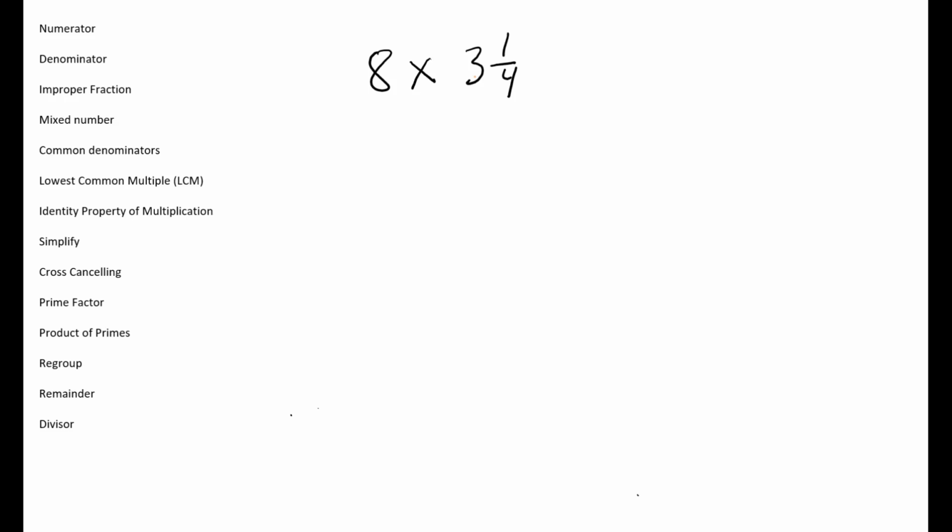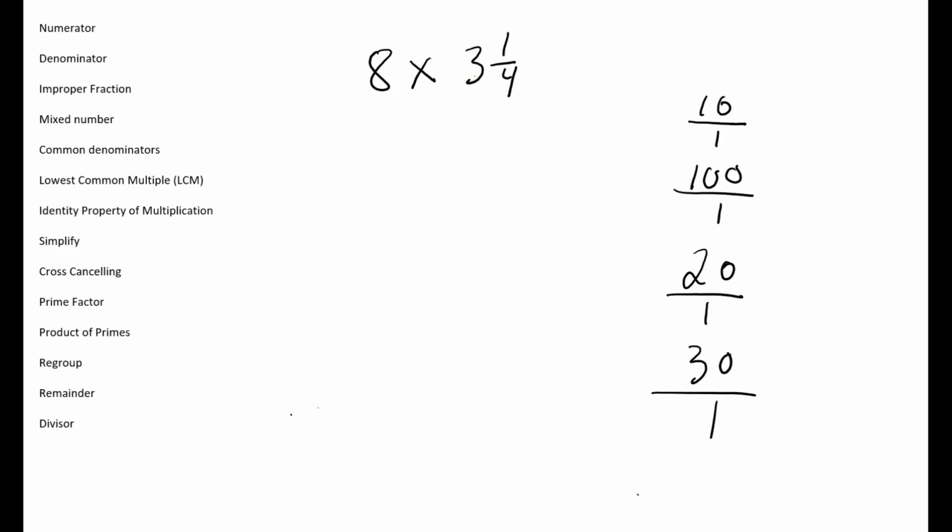All right? So the first thing, when you multiply by fractions, is that you have to have all fractions. I have a mixed number here, which is 3 1/4, and a whole number, which is 8. Well, every whole number is actually a fraction. We just don't normally see it as a fraction. Every whole number, whether it's 100, 10, 20, or 30, is over 1, because 30 divided by 1 is 30.